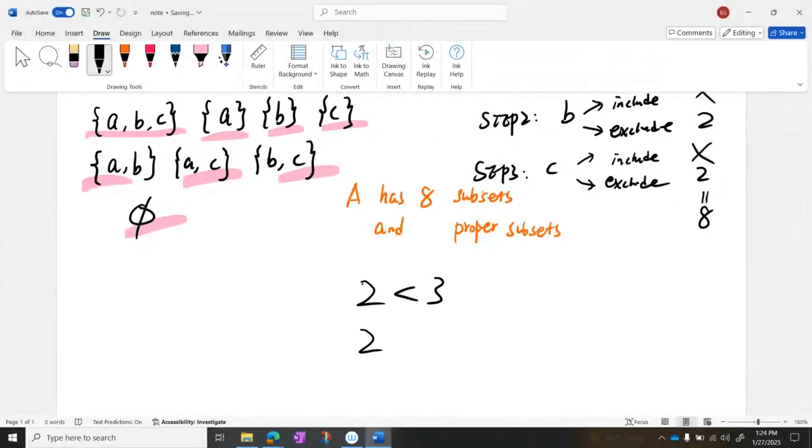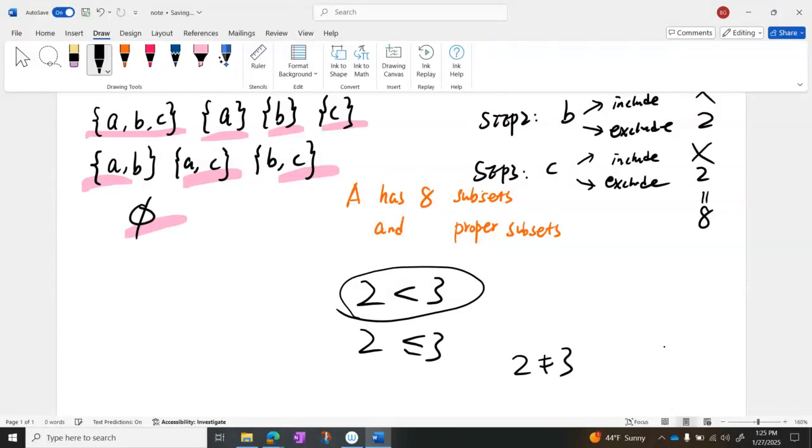This is a proper subset. Even if both statements are true, do you agree? Both statements are true, right? You can see this is a proper subset. 2 is not equal to 3, so the equal bar does not hold, so it's proper.